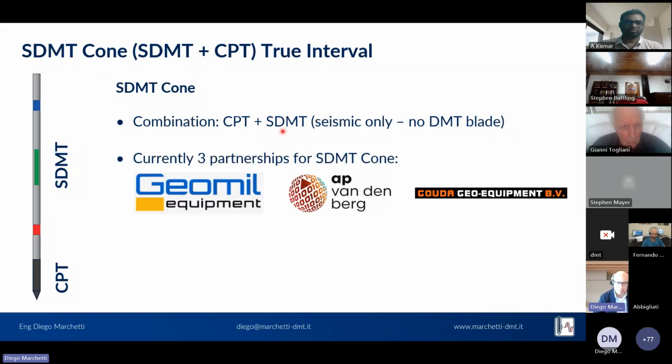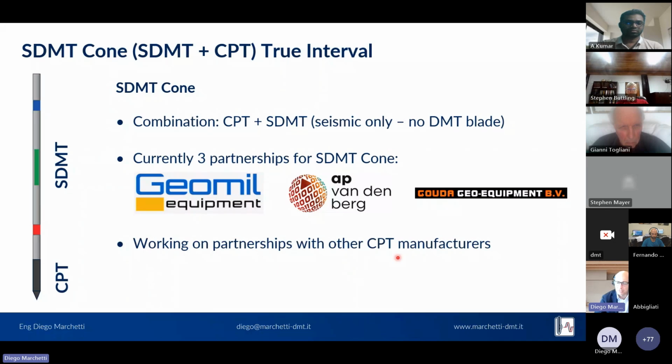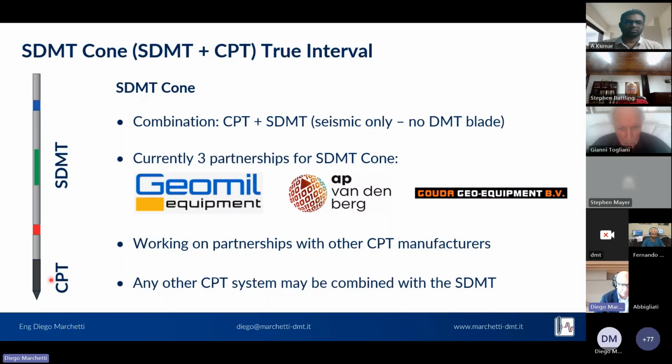We are currently partnered with three manufacturers of CPT, in particular Geomil, AP Vandenberg, and also Goda Gale, with which we provide the SDMT cone. We are currently working with other CPT manufacturers, and in theory, there is no obstacle to combine the SDMT with the CPT.